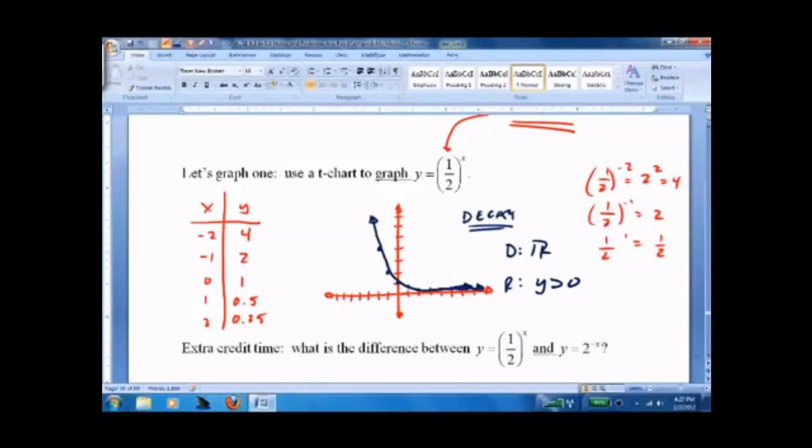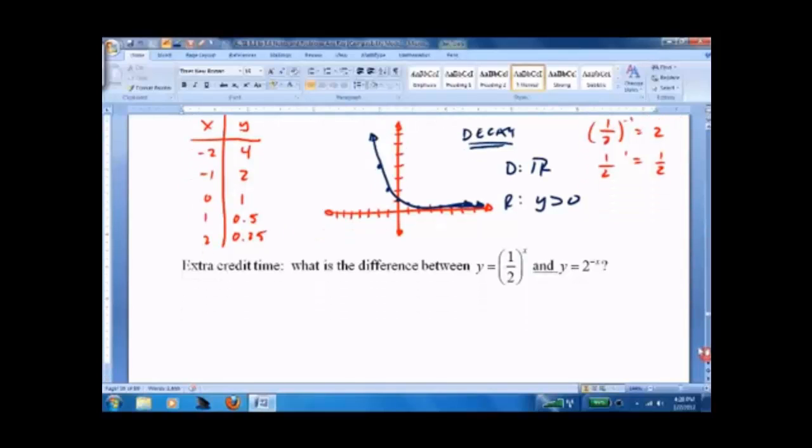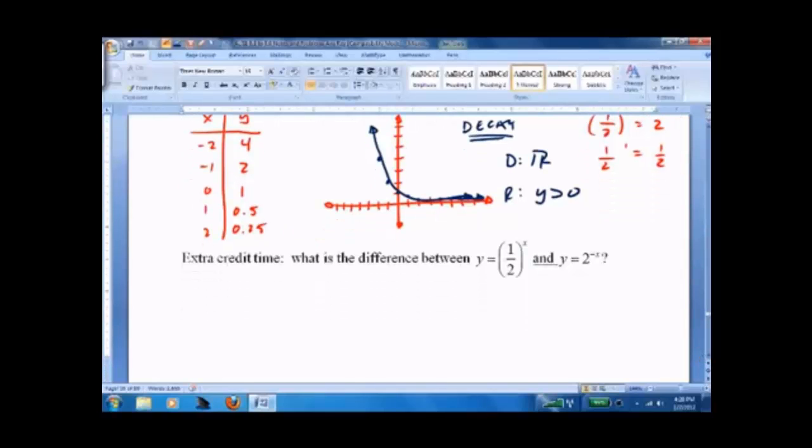This is a little bit confusing. If you can actually make sense of this, it'll save you. This is why we put it at the end of the exponents unit, so that you understand negative exponents. What's the difference between y equals 1/2 to the x and y equals 2 to the negative x?